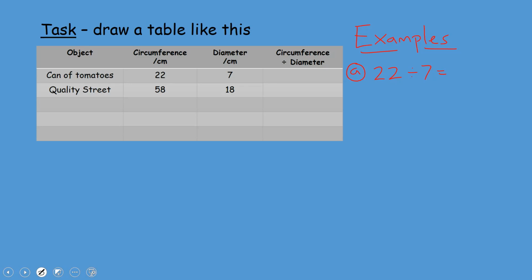Right, let me try again. Okay, so what we're going to do is write our answer down rounded to 2 decimal places. So I've got 3.142857. So I'm going to just write 3.14.